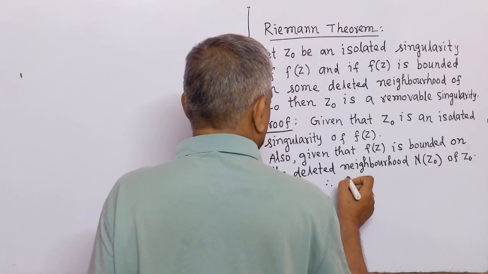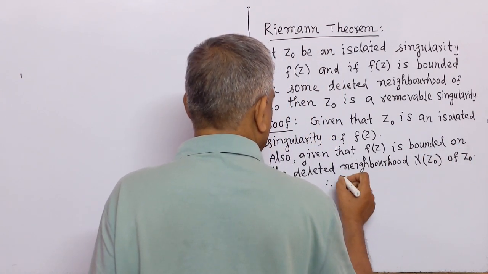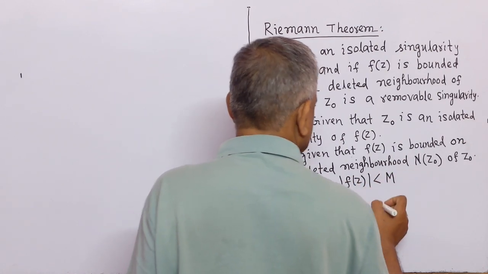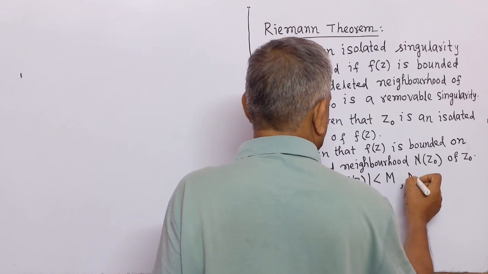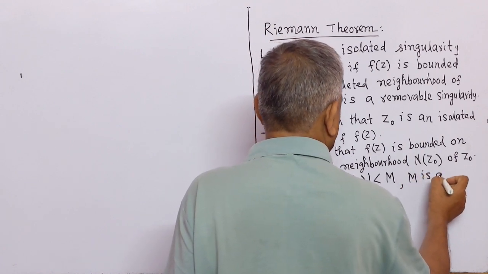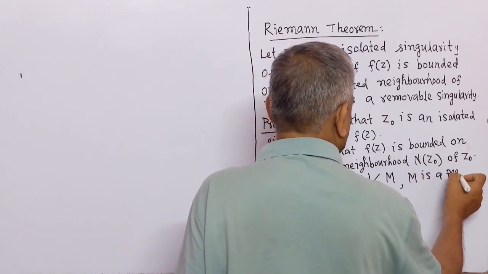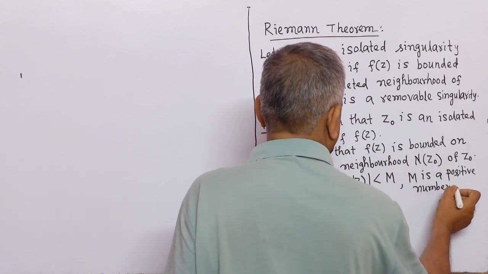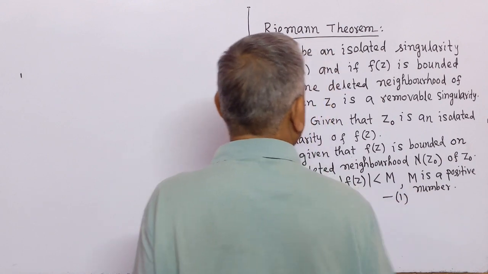Therefore, modulus of f(z) is less than M, M is a positive number. Let this be number 1.